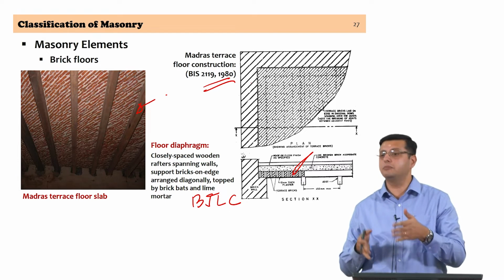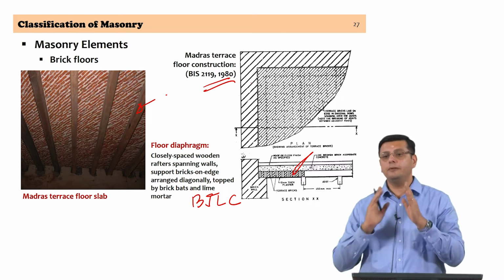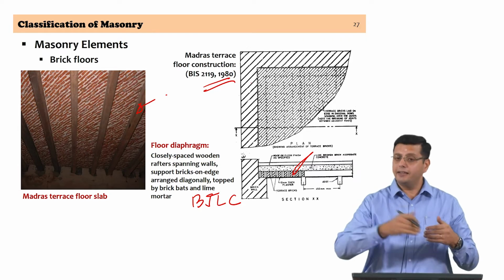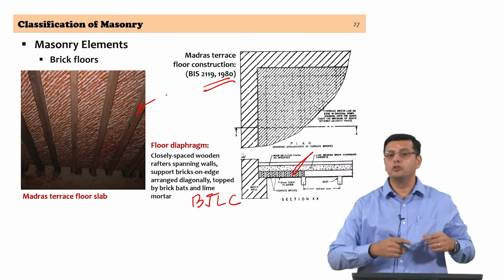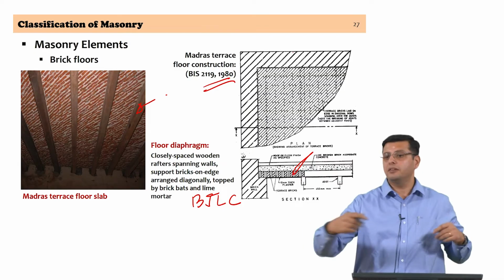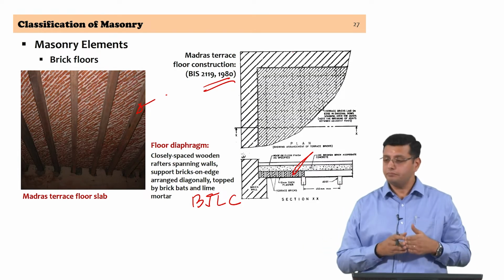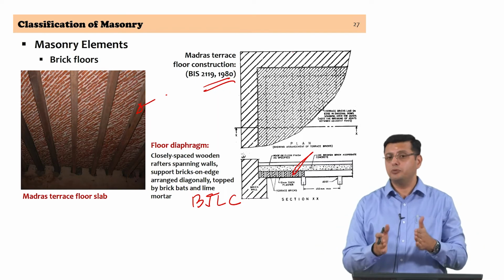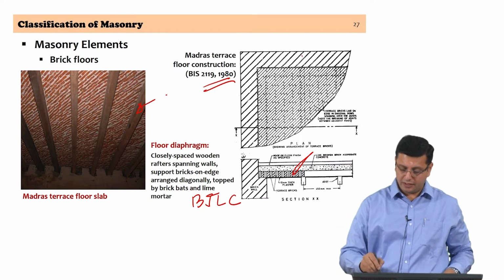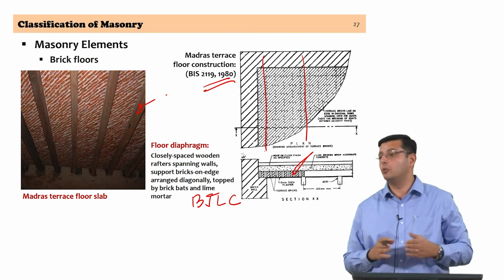So, this construction proceeds without any support system, and the diagonal alignment is also to make use of the maximum length that you would get between two rafters or the edge of the wall itself.